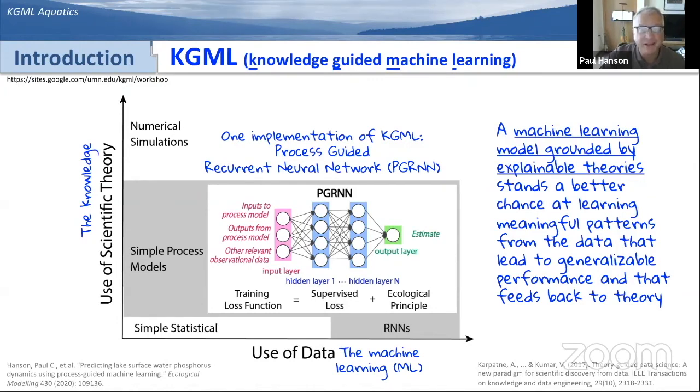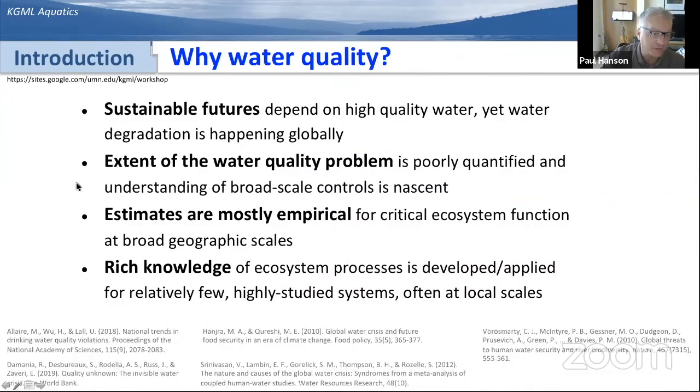We can conform to physical laws and ecological principles that we think are important. And from an ecologist perspective, it's really important to feed back to our knowledge of the system. So we've also learned that we can learn things about our model and therefore about the underlying theory that goes into those models.